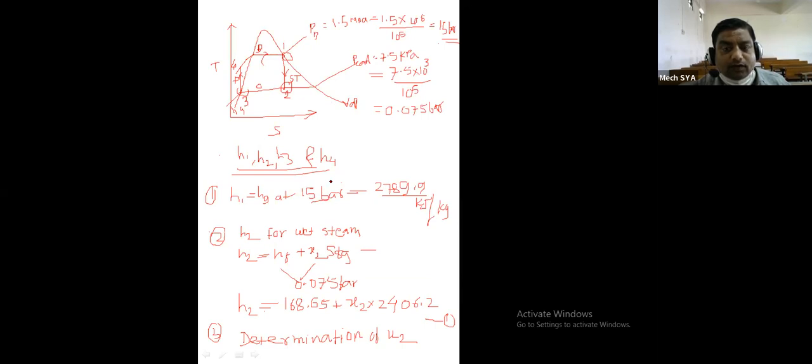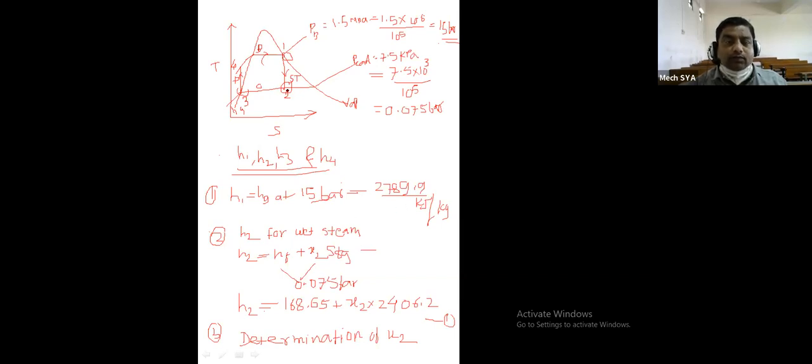At 15 bar, we have to see the Hg value, which everybody knows how to see, and we have calculated 2789.9 kilojoule per kg.